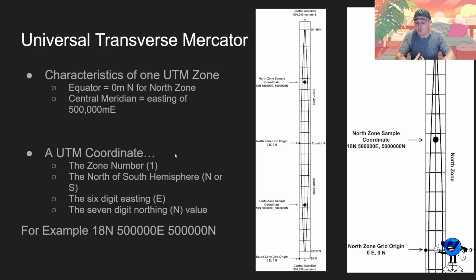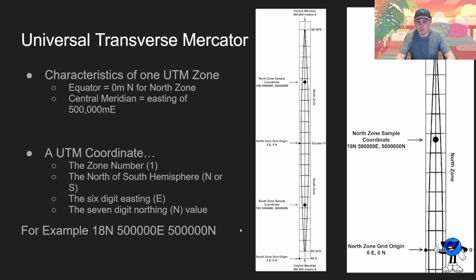First is the zone number, which is just what zone it is on the map. It's followed by whether it's in the north or the south hemisphere, represented by an N or an S. That is then followed by the 6-digit easting coordinate, and then the 7-digit northing coordinate.